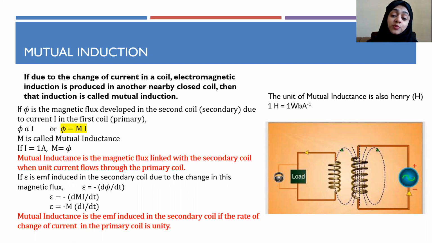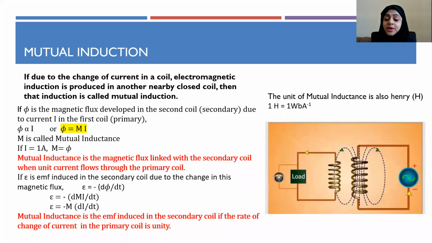So initially, when the magnetic flux linked with the secondary coil was 0 Weber, it will slightly increase. Say it will increase up to maybe 3 Weber. So what happens? Magnetic flux change will result in electromagnetic induction.